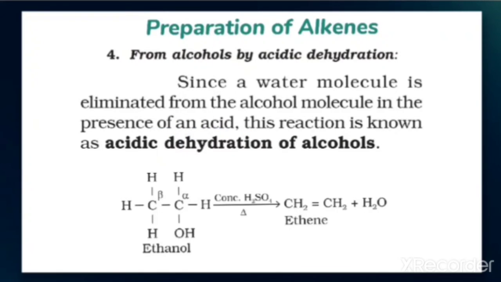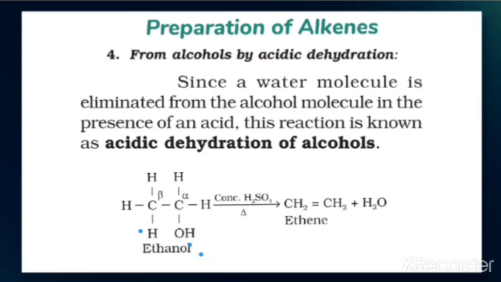Let us take one example here. In this example, ethanol, an alcohol, is taken. Here better you expand it and then it will be very easy to frame the product. Ethanol, that is an alcohol. Here there is removal of water. Now how do you frame the product? That is through the beta hydrogen. Which one is the alpha carbon?